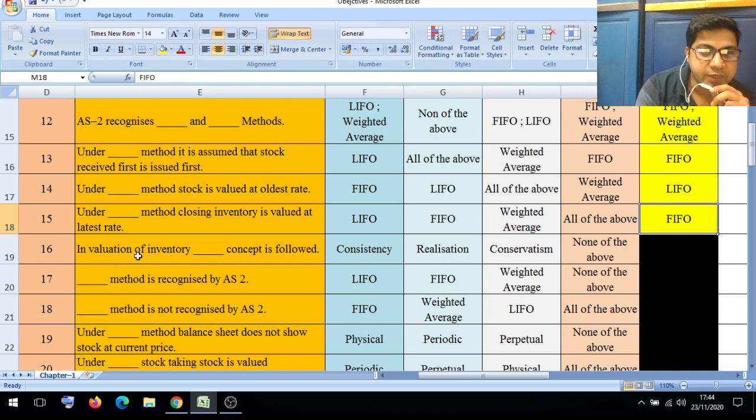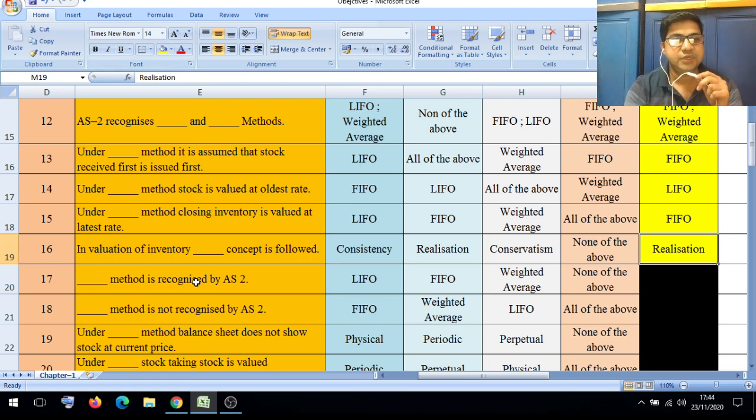In inventory valuation, dash concept is followed. Consistency, realization, conservatism, none of them. The answer is realization. Dash method is recognized by Accounting Standard 2. LIFO, FIFO, weighted average, none of the above.